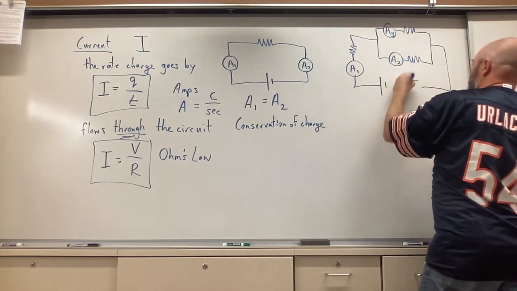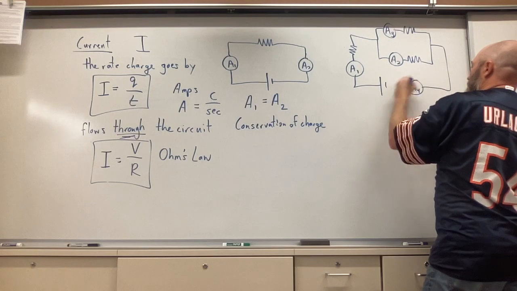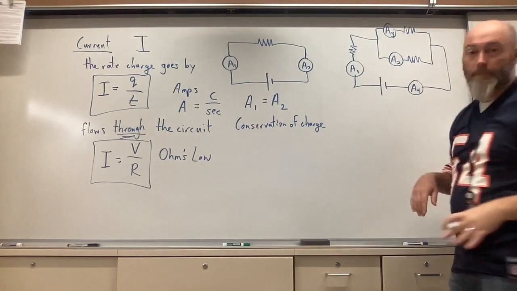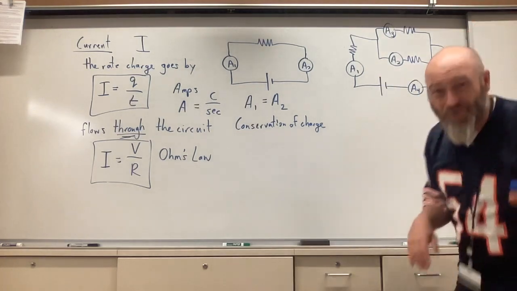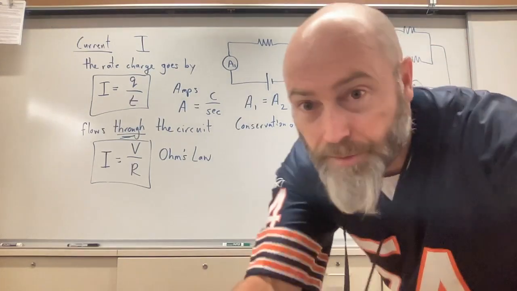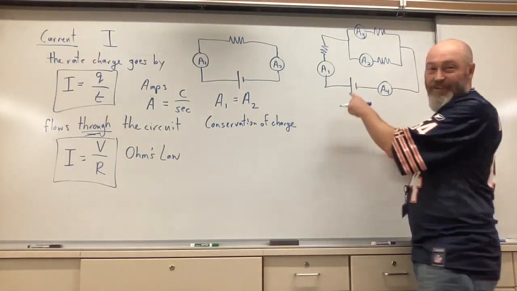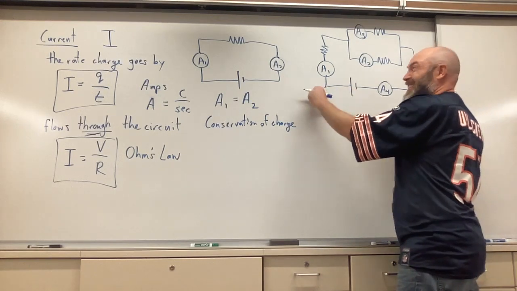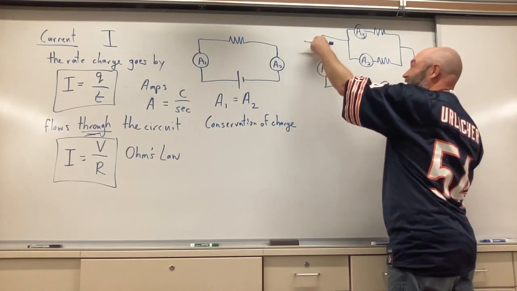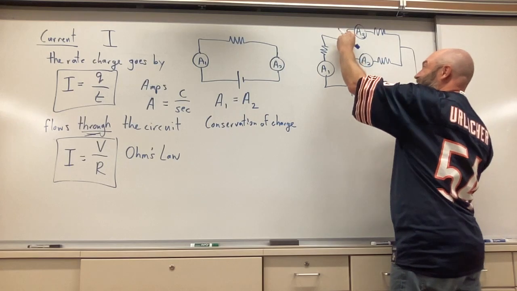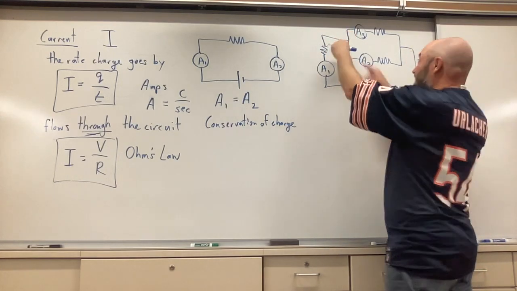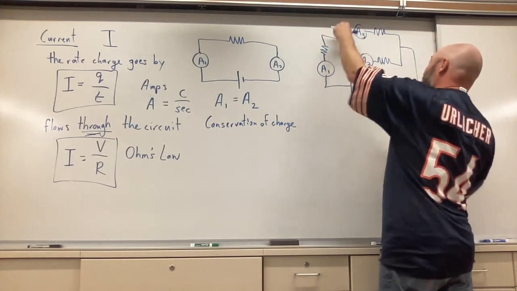Then I have another meter here going to the battery. This is where the junction rule comes in. What is the current going to do? The current's going to come out, go through this meter, then through this resistor, and then it's going to split. Some of the current's going to go this way, and some of it's going to go this way.